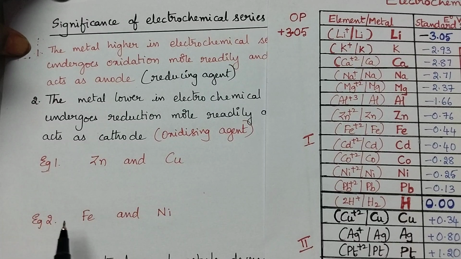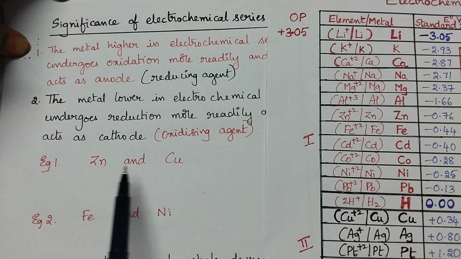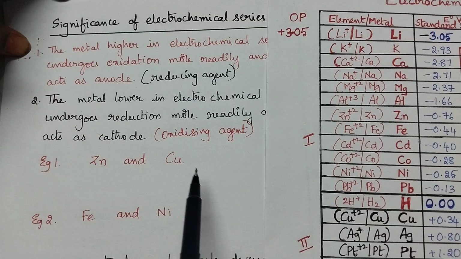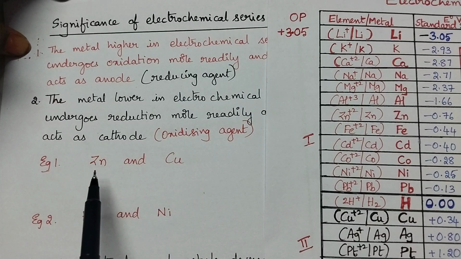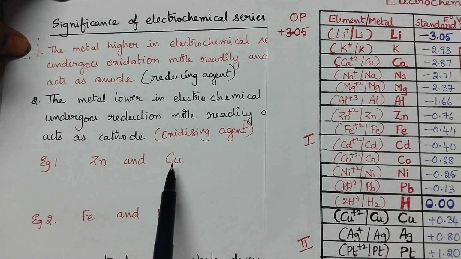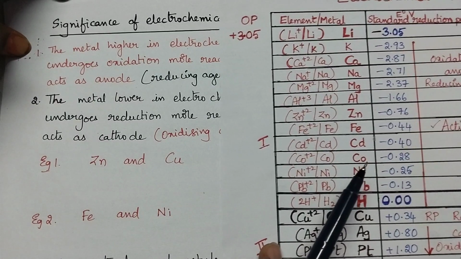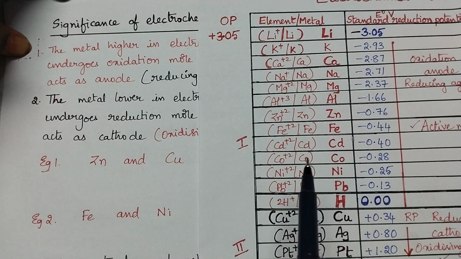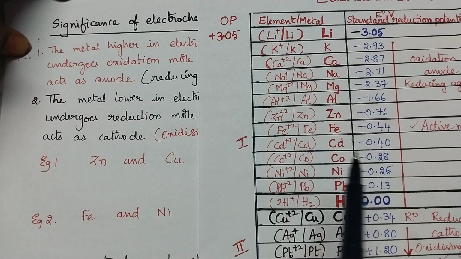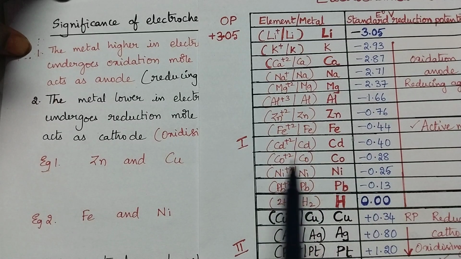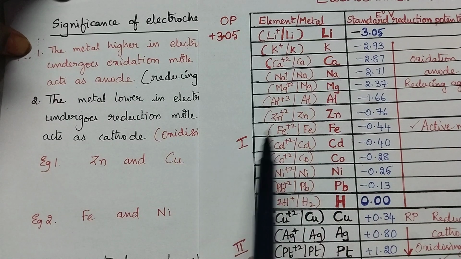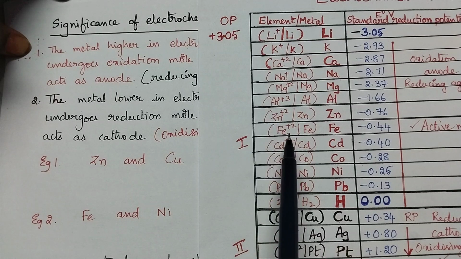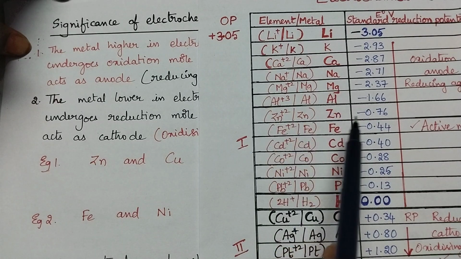If we consider zinc and copper, you try to identify which metal acts as the anode and which metal acts as the cathode. So from the position of the metal in electrochemical series, we can predict which metal can act as cathode and which metal can act as anode. Always the metal higher in the electrochemical series acts as the anode.